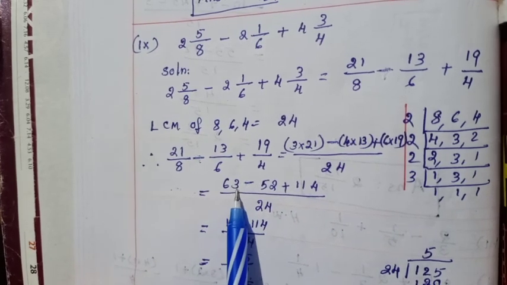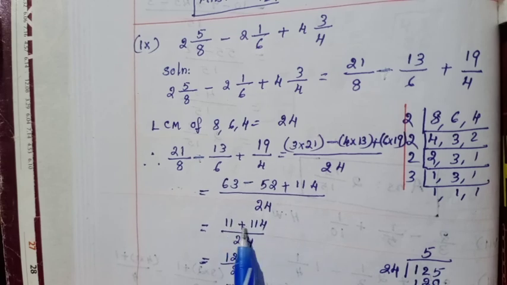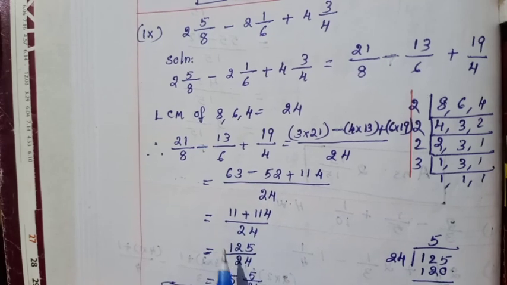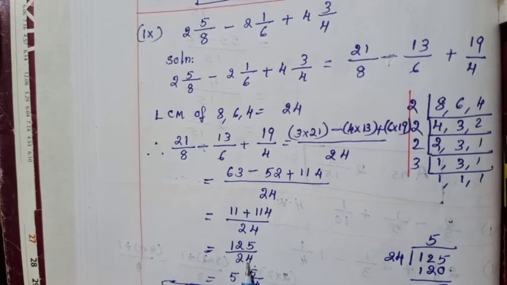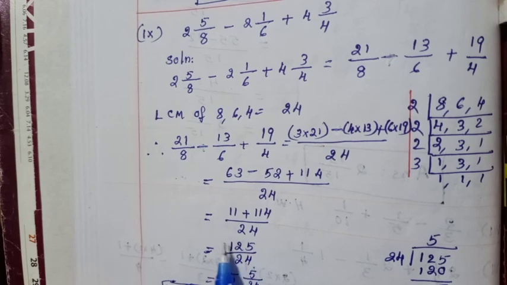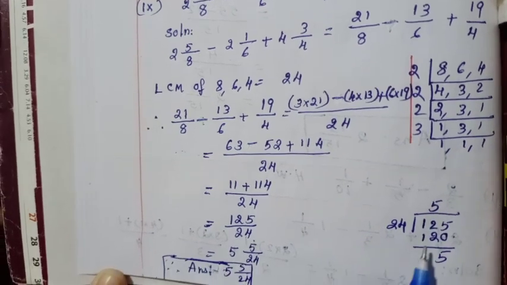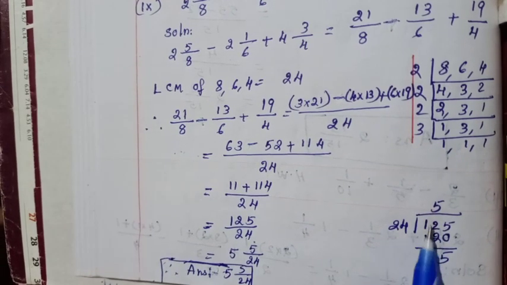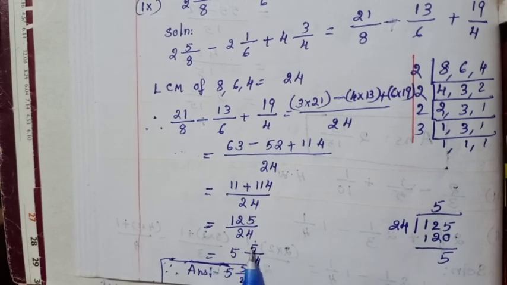Next, 63 minus 52 is 11, plus 114, all by 24. Then adding these two, 125 by 24. The numerator is bigger, so it is an improper fraction. So divide: 24 goes 5 times, and 5 times 24 is 120. 125 minus 120 is the remainder, 5. So we can write it as the mixed fraction 5, with remainder 5 by 24. So 5 5 by 24 is the answer.